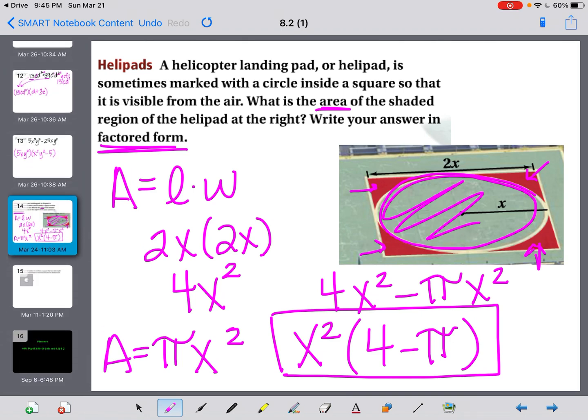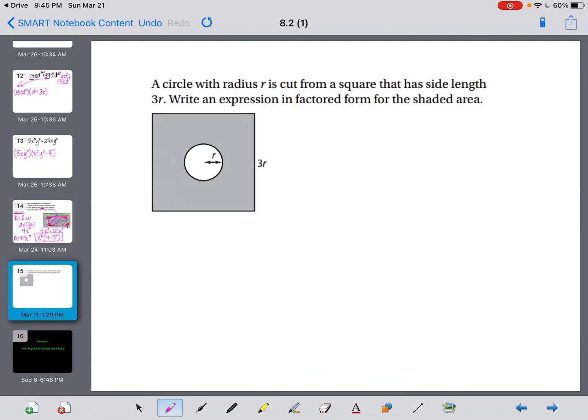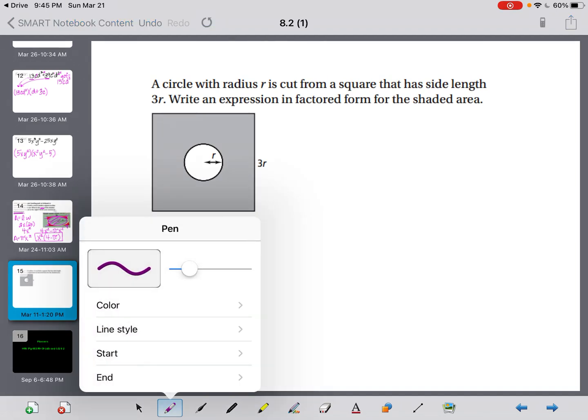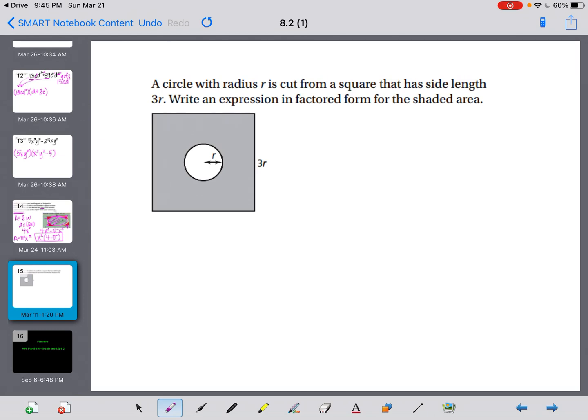Kind of weird with the pi, but we actually leave it with the pi so that we get the most accurate answer. Now here's your chance to try the same thing. A circle with radius r is cut from a square that has side lengths 3r. Write an expression in factored form for the shaded area. Why don't you try this one and then come back and see if your work matches mine.